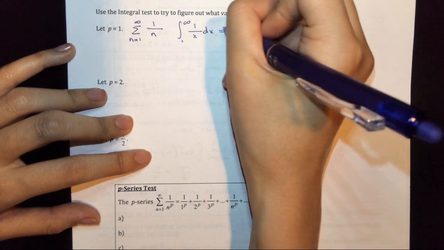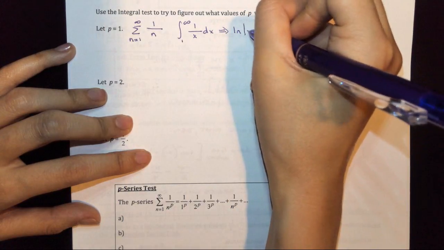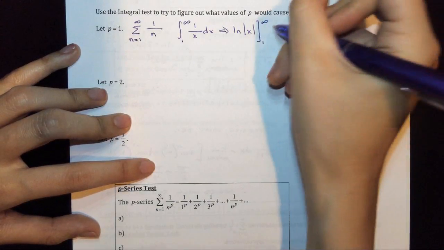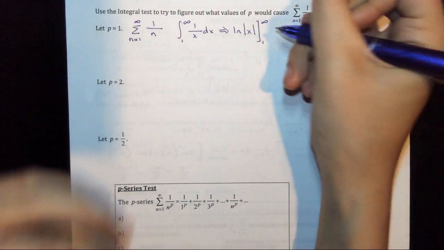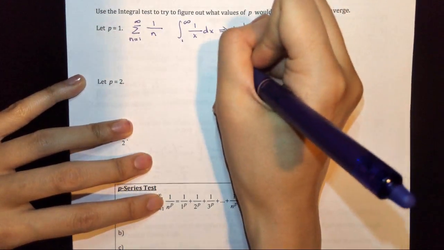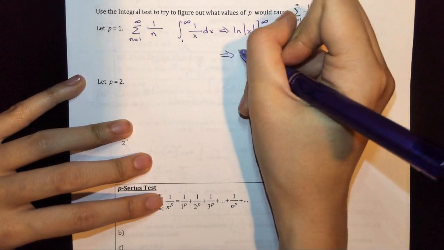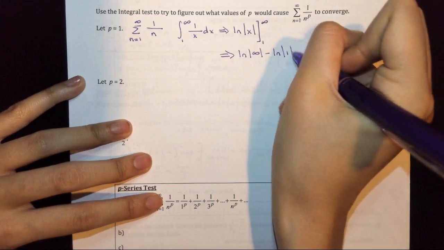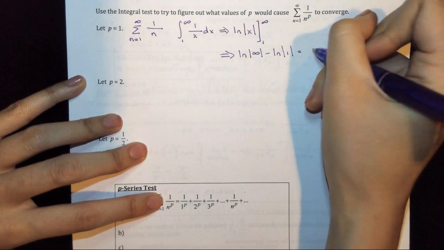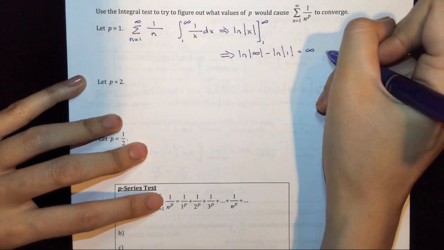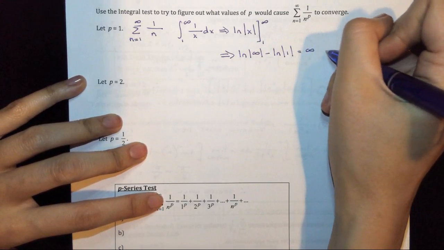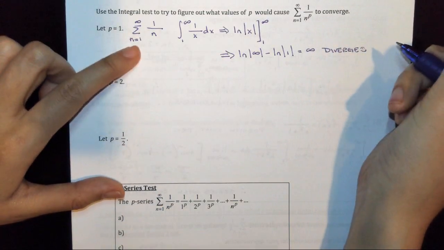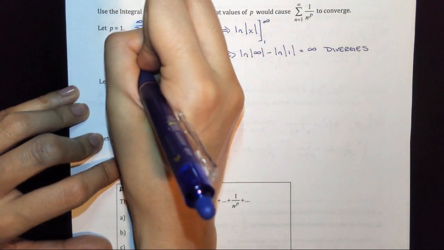This ends up being natural log of x evaluated from 1 to infinity. I'm skipping some mathematical notation here, but hopefully you can follow along. This is natural log of infinity minus natural log of 1, which equals infinity. So this integral diverges, so this series will diverge.